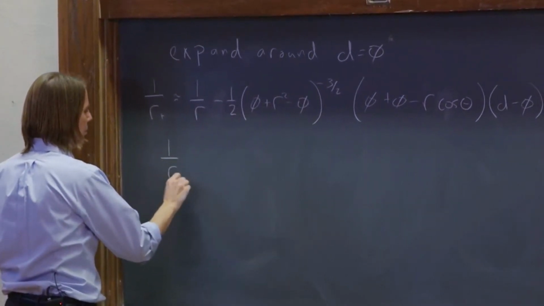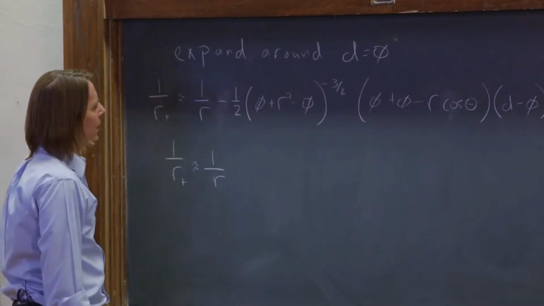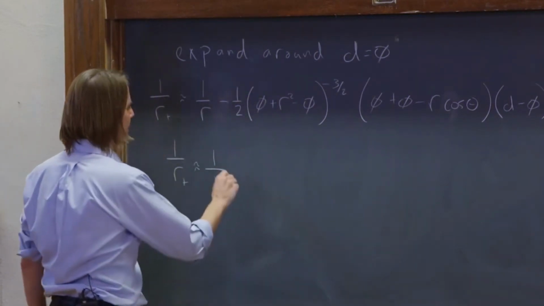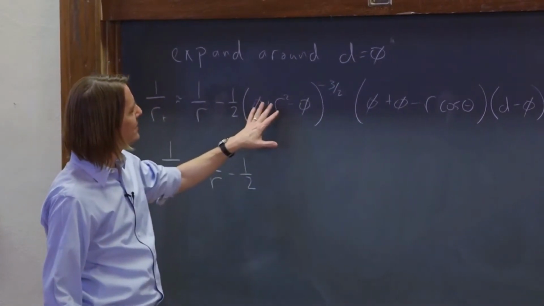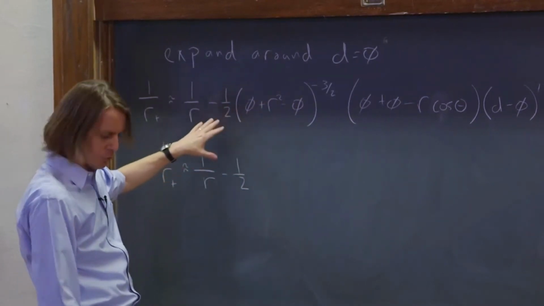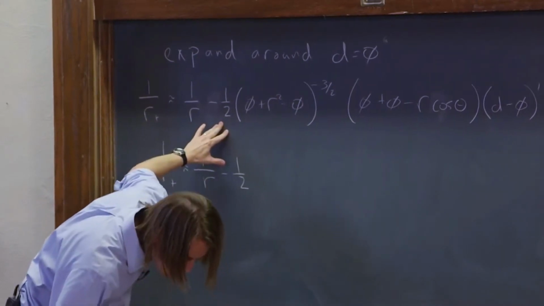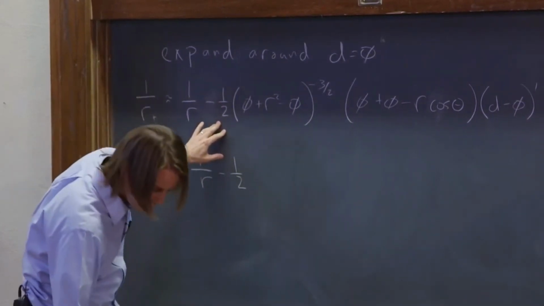1 over r plus is about equal to 1 over r. And let's see what's left, minus 1/2. And this is 1 over r squared. That's 1 over r cubed. All right, 1 over r minus 1/2 went to minus 1 over r.